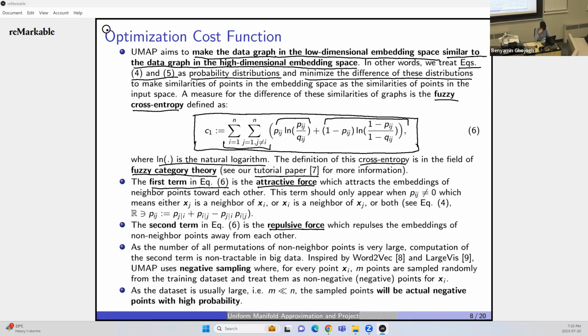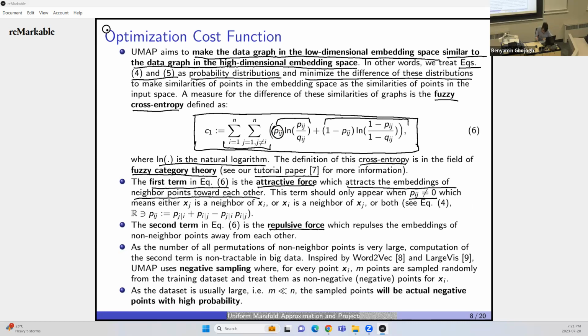But why is the first term an attractive force? It attracts embeddings of the neighbor points toward each other. This term, the first term, should only appear when Pij is not 0.